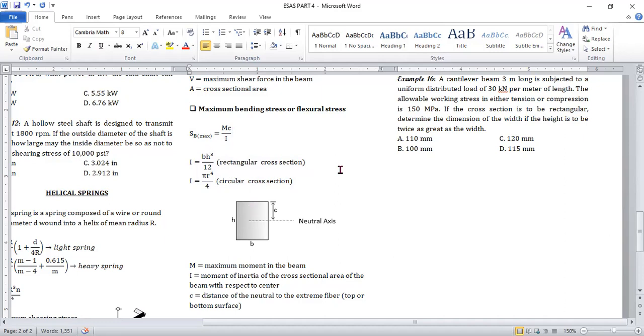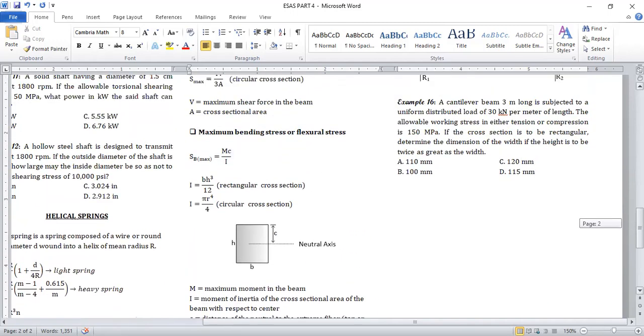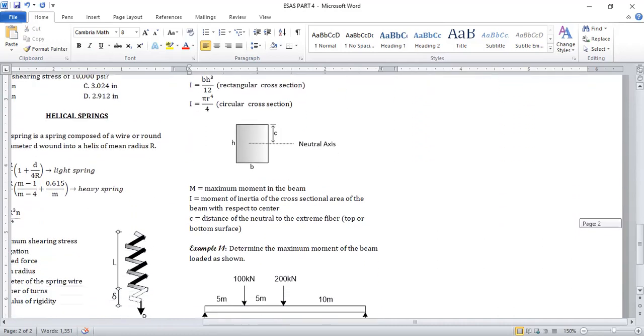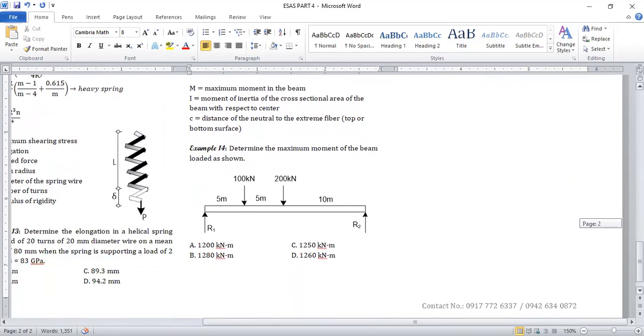But in most cases, the commonly used cross-sectional area for beams are the rectangular cross-section and the circular cross-section. Okay, so we just go over with the formulas later again. Okay, and then the process in calculating will be shown in the sample problems presented.